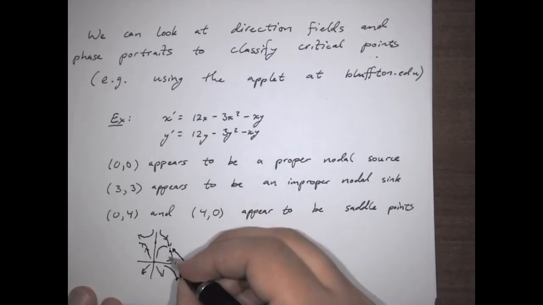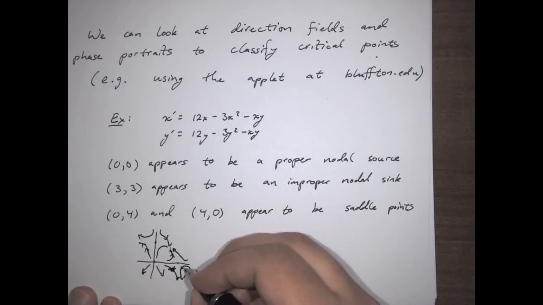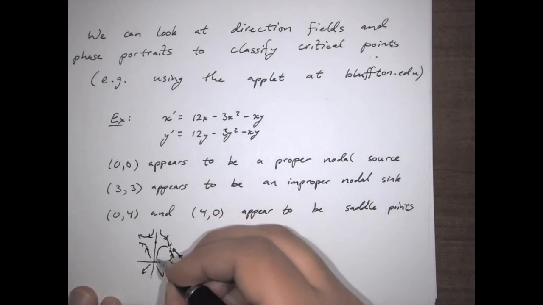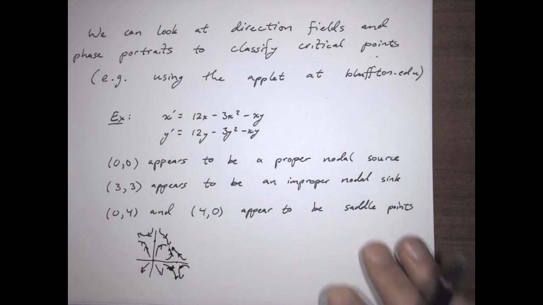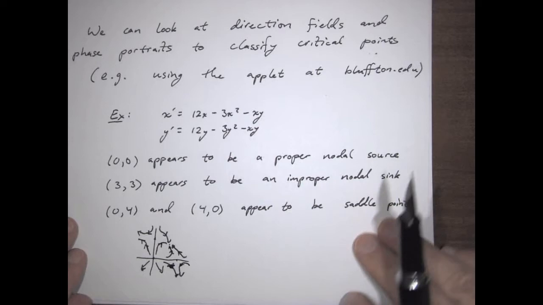So this would be a phase portrait. So it's going that way. So here I've just drawn by hand some of the representative curves that we would see. Okay. Now let's take a specific example.